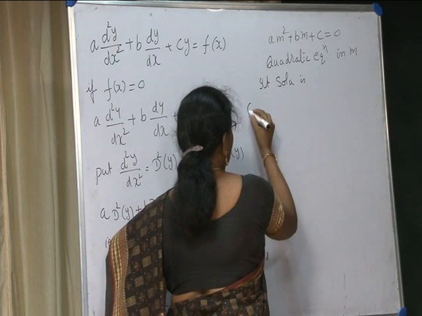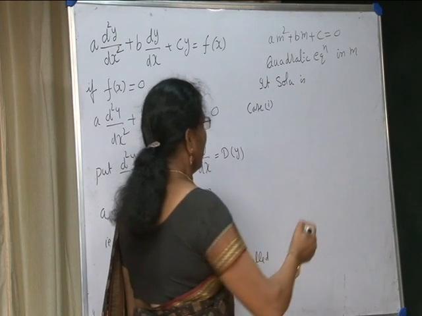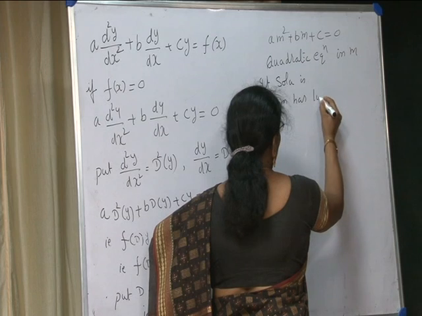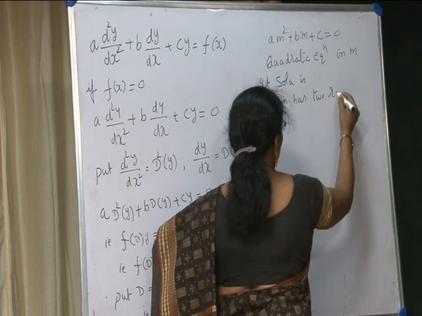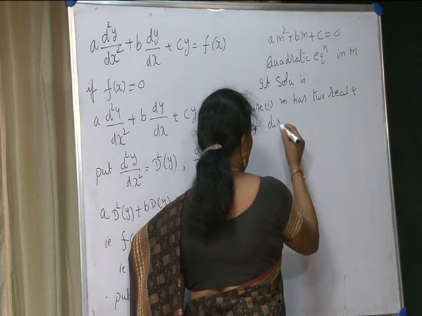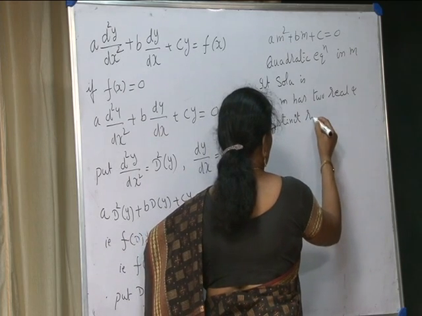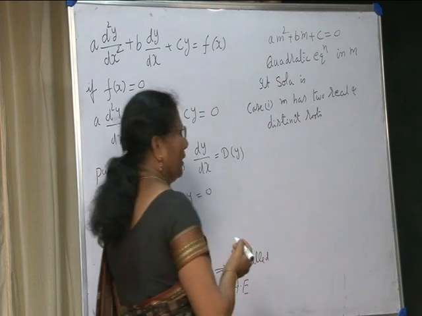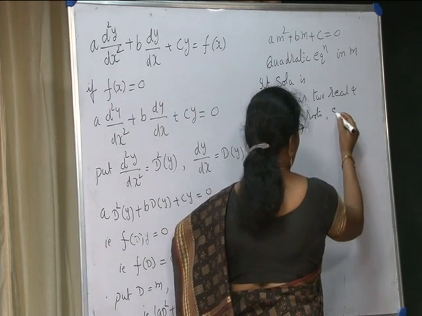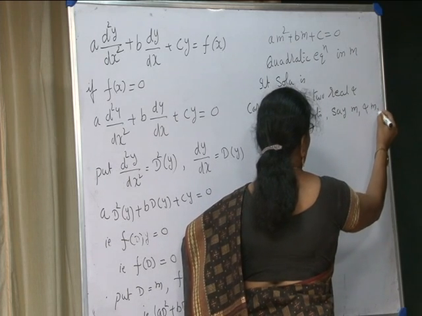Case 1: m has 2 real and distinct roots, or values. M has 2 real and distinct values, say m1 and m2.